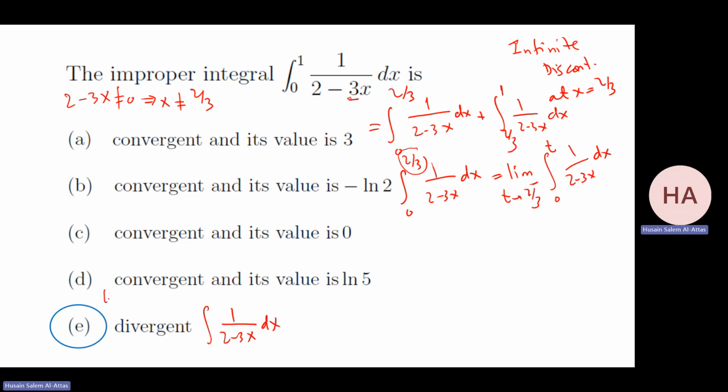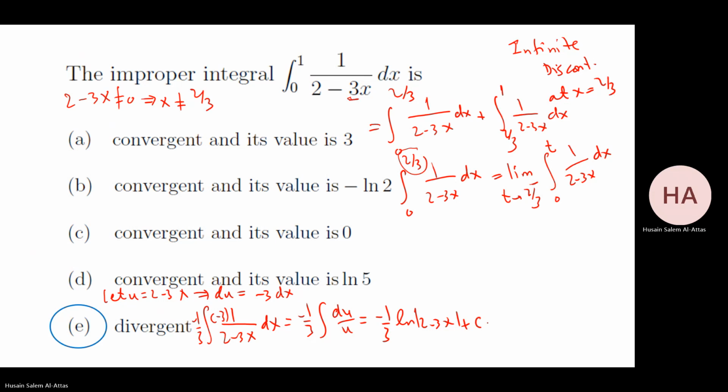So I let u be 2 minus 3x, so du is minus 3 dx. So I need minus 3 and minus 1 over 3 here. So I have minus 1 over 3 du over u. That will be minus 1 over 3 ln of u, which is 2 minus 3x, plus c.